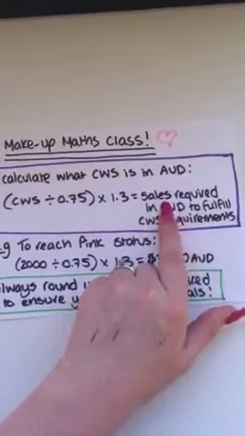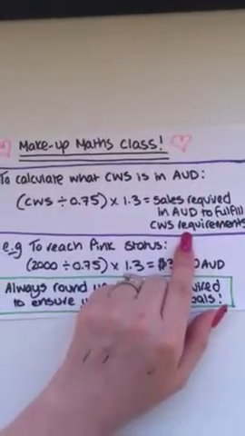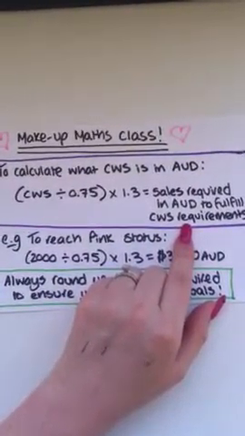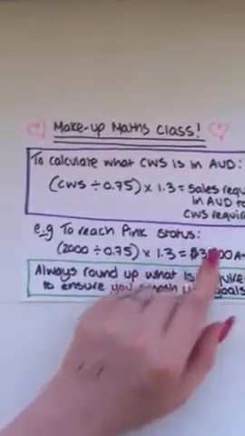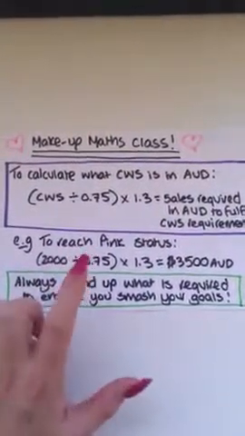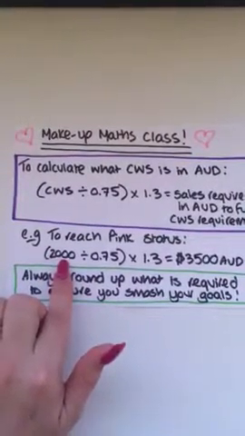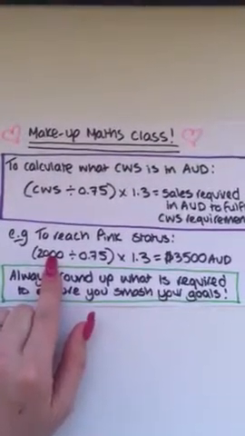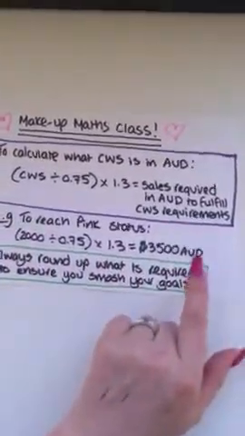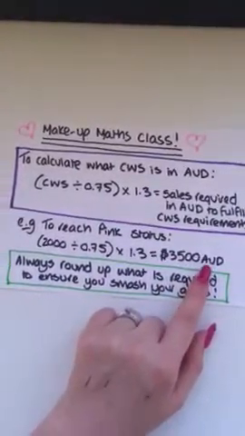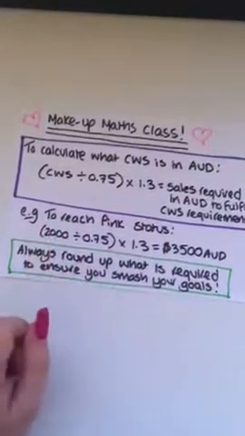What that gives you is what you and your team need to sell in order to fulfill the CWS requirements. To reach pink status, we all need 2,000 in company sales. So if you're in Australia and you've got a team, you and your team need to sell 3,500 Australian dollars to tick that box.